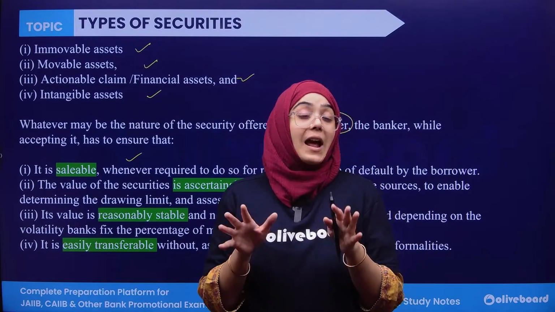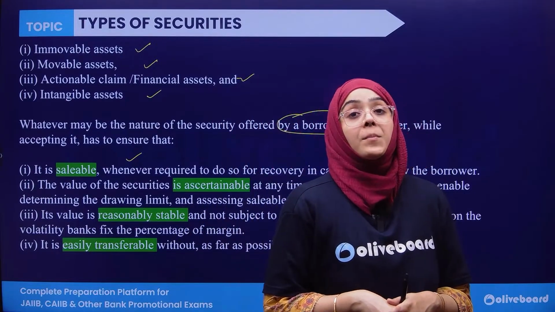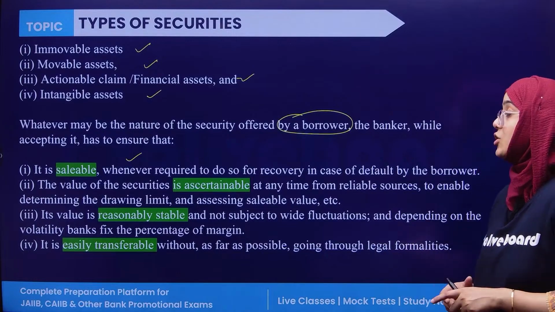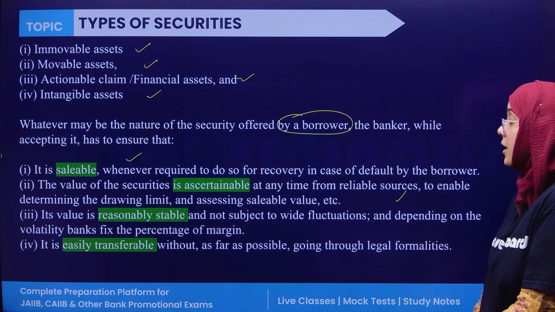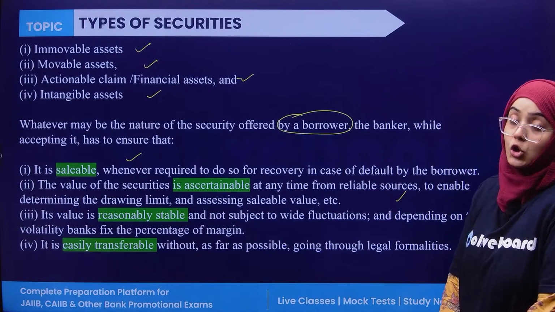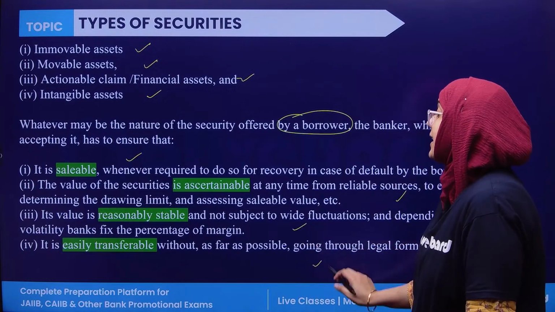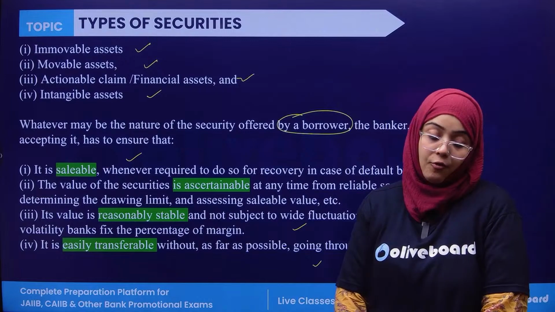So that is not a good security that a bank should take. Securities whose value is determinable in the current situation should be taken as security. Third, it should be reasonably stable, meaning the value should be reasonably stable. Lastly, it is easily transferable without any legal formalities.